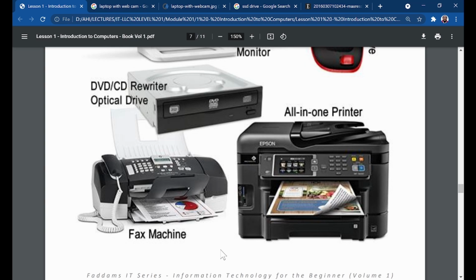At first, every office had a fax machine. Today, most people don't have fax machines, and most students have no idea what fax machines are. Let's say, for example, there is a document. Who has any document?